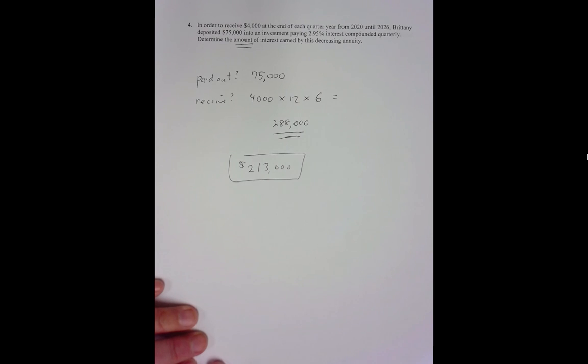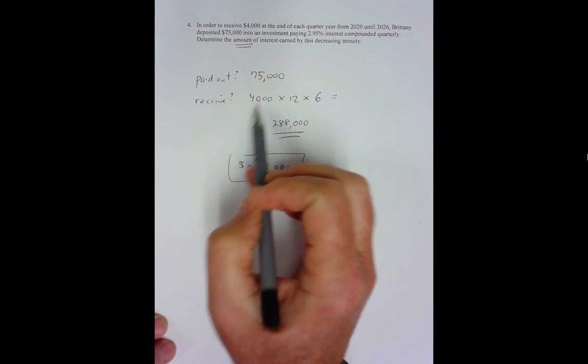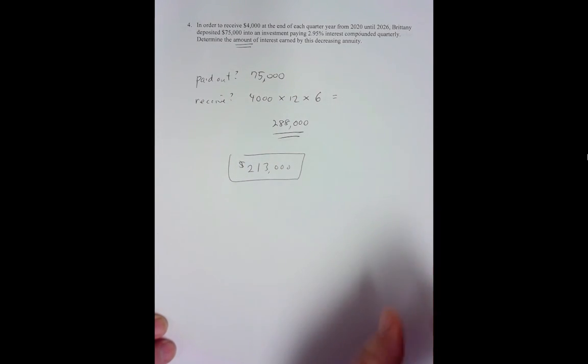Okay, I'm kind of staggered by that, but that's all you got to do. Anytime you got something that straightforward, if you know what you paid, you know what you're receiving, then the interest has to be the difference.